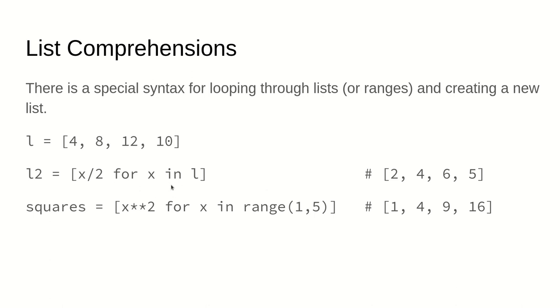So x is equal to 1 first, 1 squared gives me 1 as my first entry. Then x is equal to 2, 2 squared gives me 4 as my second entry. X is 3, 3 squared gives me 9, x becomes 4, 4 squared gives me 16, and then my range runs out of numbers, and so my list ends.